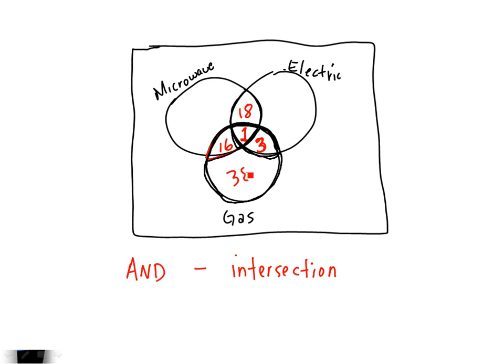So that goes here. 63 use electric ranges, so all of the numbers in here should total 63. Right now we have 18 plus 1 is 19, 22. So 63 minus 22 is 41.